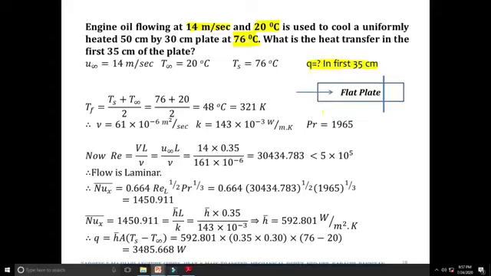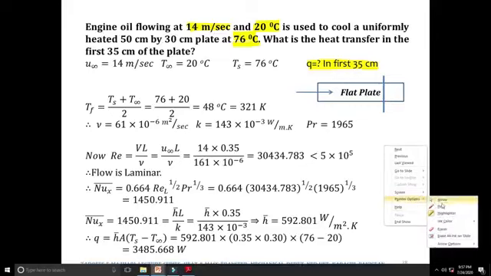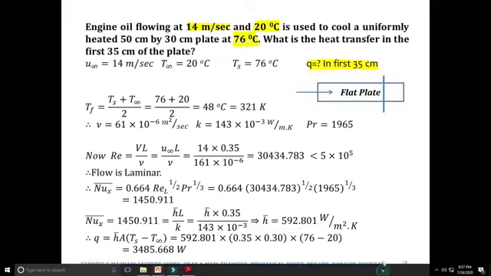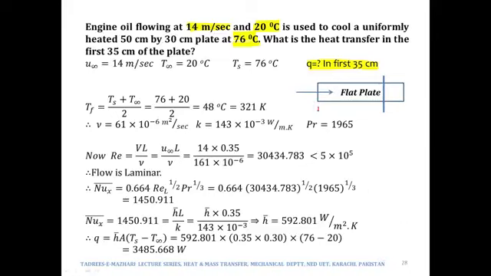So the plate is in fact longer than 35 centimeters. It is 50 centimeters in length, but we have to find out the heat transfer in the first 35 centimeters, from this point till this point, the first 35 centimeters of the plate.